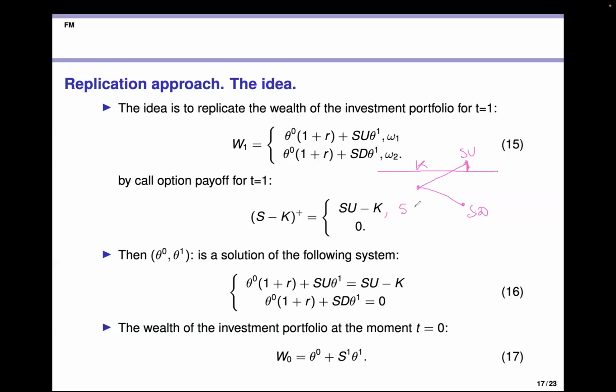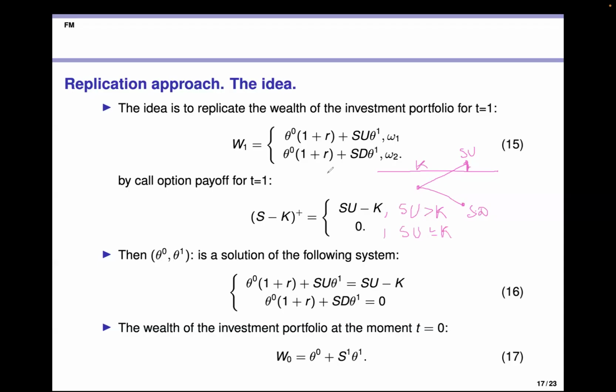So if S multiplied by U is more than K, and 0 if SU is less than or equal to K. Okay, so it is about our profit, the payoff function for the call option.